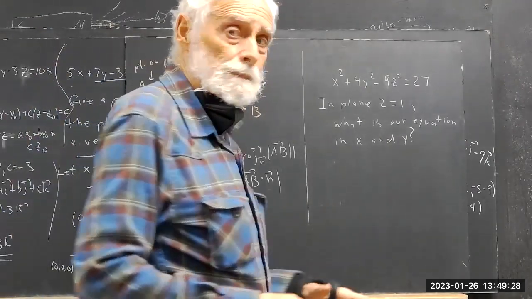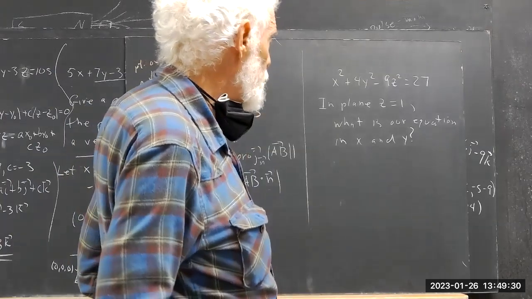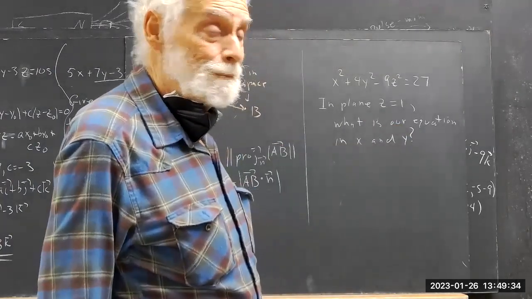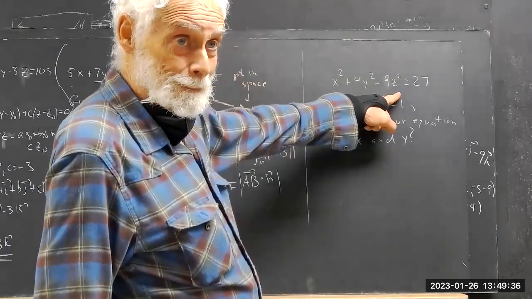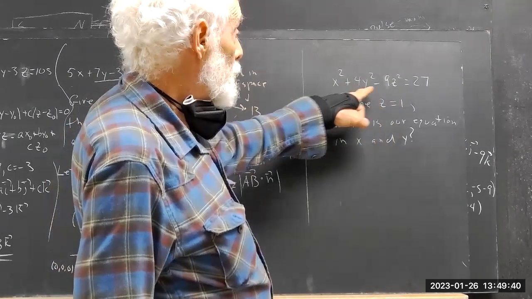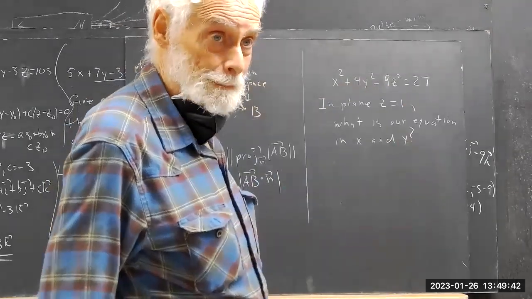Well, if the plane is z equals 1, you're going to set z equal to 1. And you get x squared plus 4y squared minus 9 equals 36.